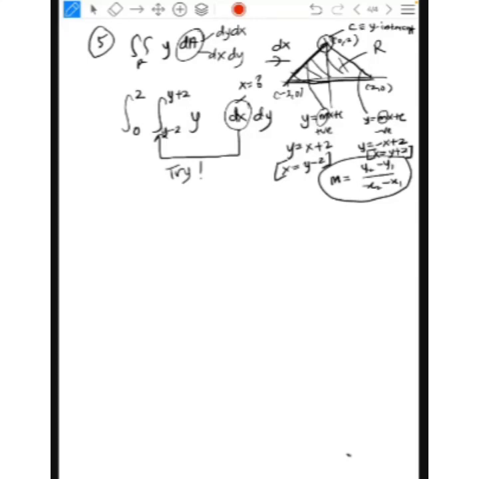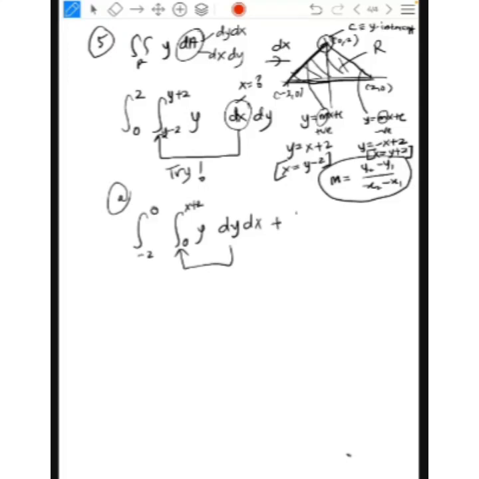Okay, let's say you want to use dy dx. Okay, this is what I mean. Kalau you cari dy, you akan dapat y equals to 0 until y equals to x plus 2, right? And then your x is from negative 2 to 0.